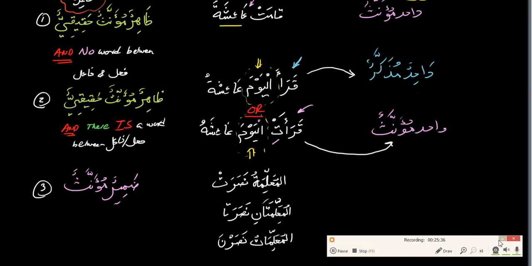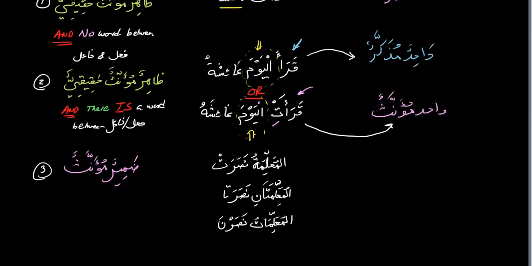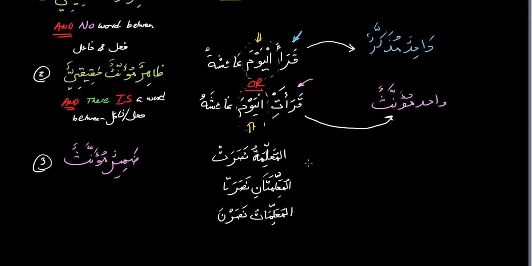Okay, so now this file is ضمير مؤنث. If you look at this first sentence, al-muallimatu nasarat, helped. So the teacher helped. That's what that means, right? So let me write this over here.